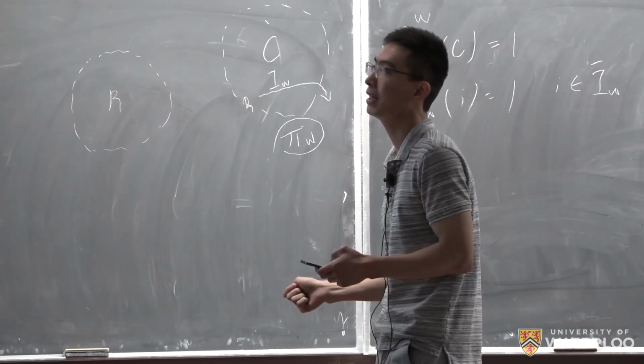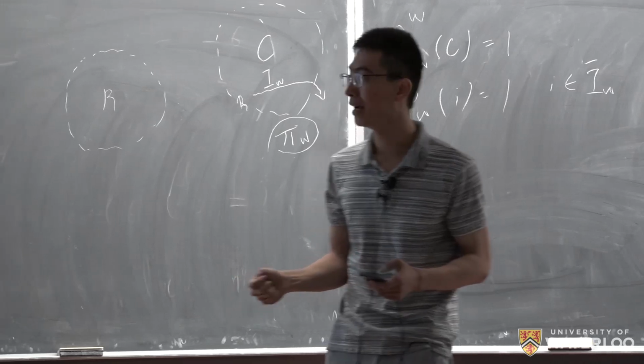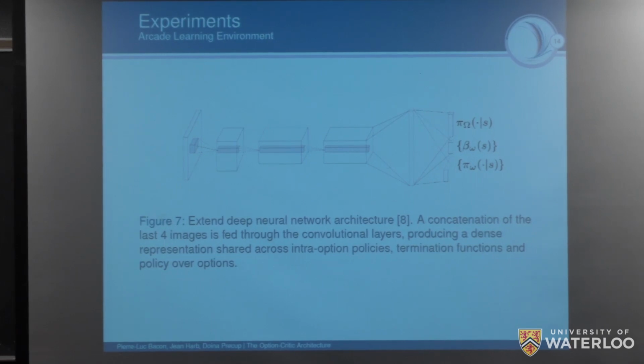Lastly, we evaluate the architecture in the Arcade Learning Environment. We extend a deep neural network from another paper, keeping the shape of the first three layers and adding another layer to the neural network for the architecture.